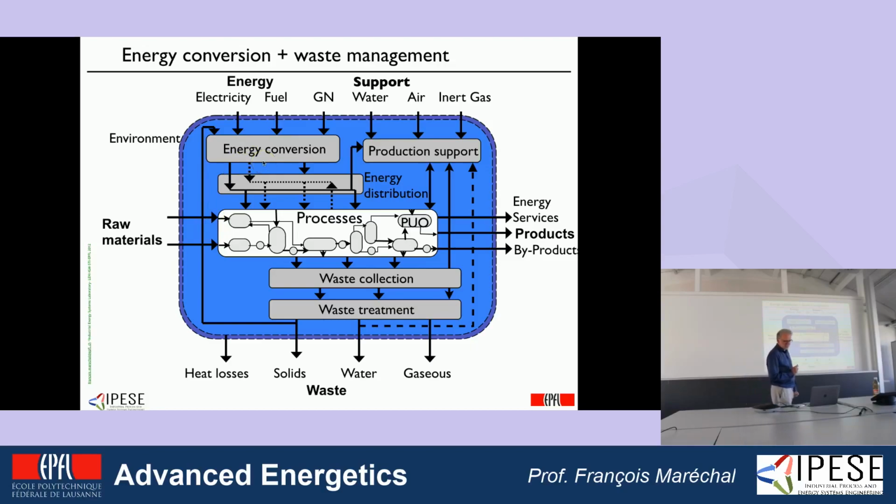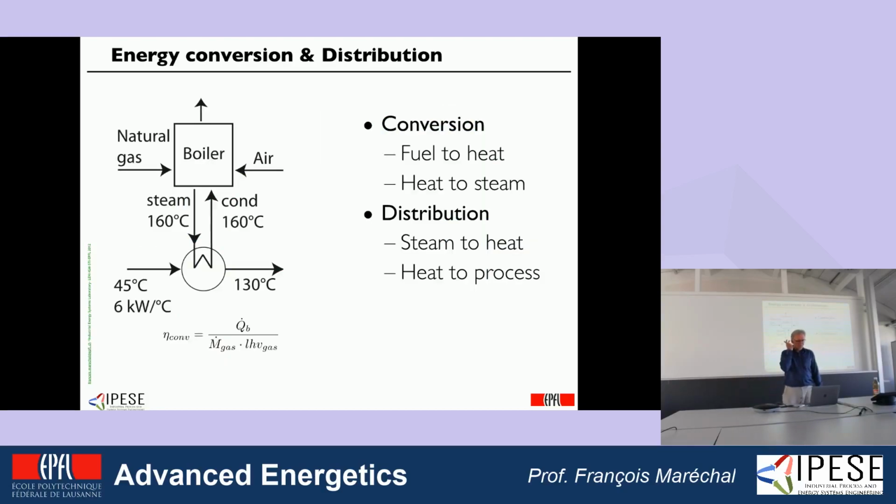Okay, and typically what we will have to look at is a list of steps that is finally converting, for example, the natural gas that I'm buying into steam. That the steam is going to be distributed and condensed in order to heat a flow, which is the process flow. So it means that I have at the same time at the first step a conversion process, here with a certain efficiency, then you have a distribution line, and then you have the final usage, which is finally heating the process itself.